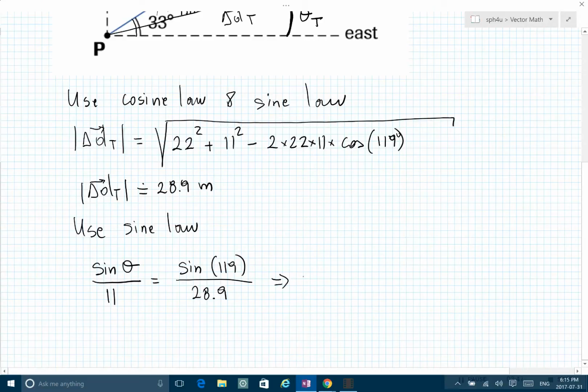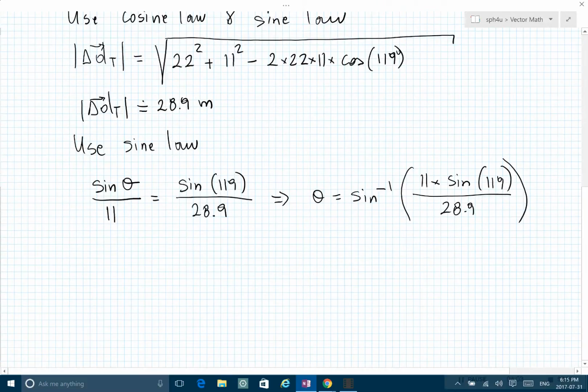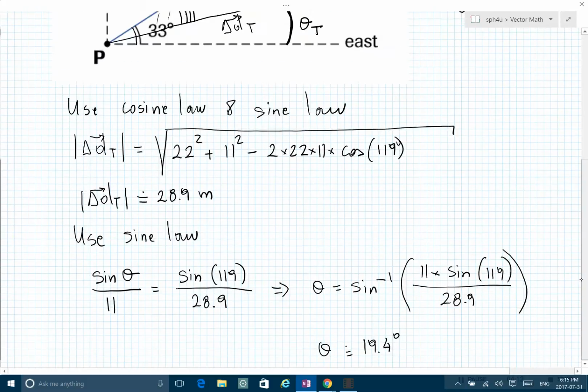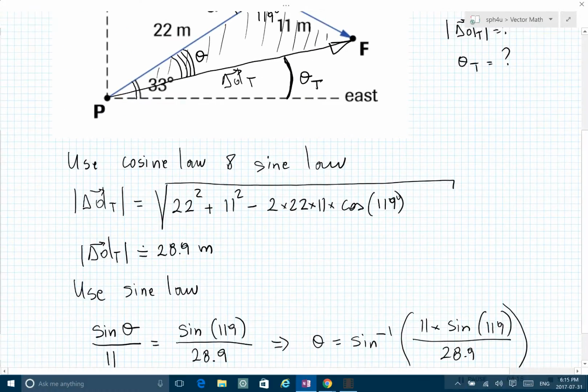And then from here we can find theta: 11 times sine 119 over 28.9. Again, we use a calculator, and we find this angle to be roughly 19.4 degrees. So I'm going to go back here, and remember that's not our final answer. That's just one step closer to the final answer.